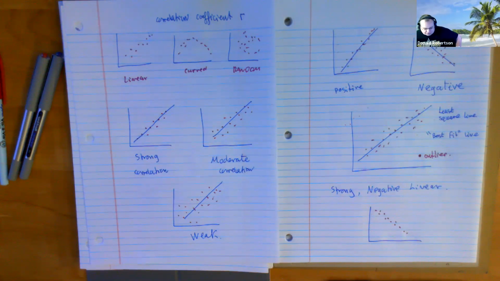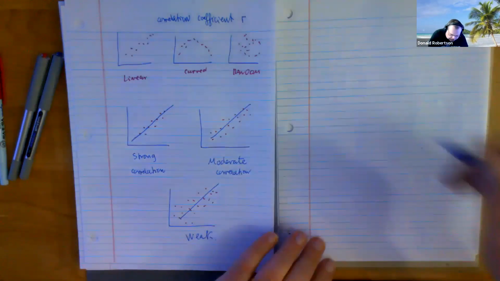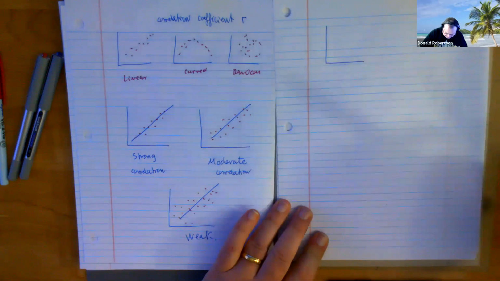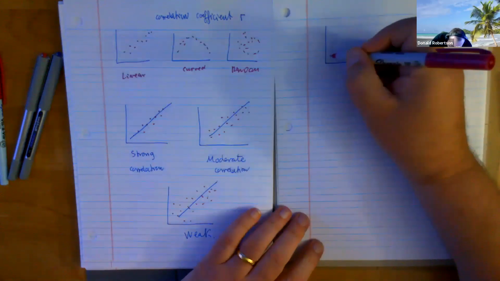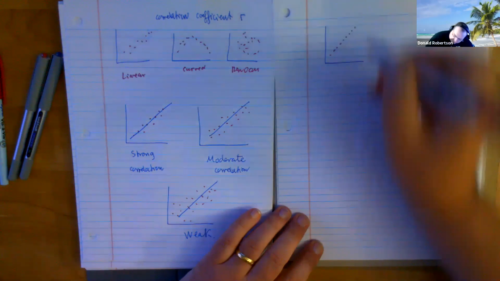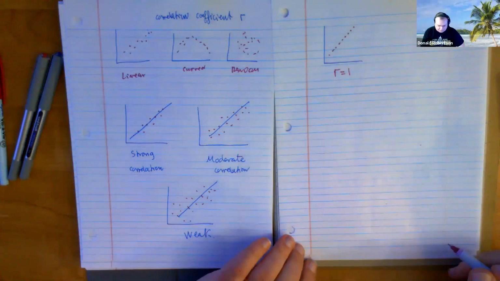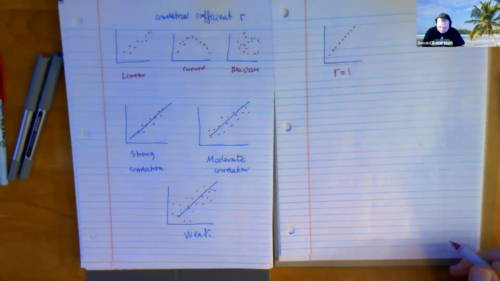It only takes a range of values between -1 and 1. Let me show you what that would look like. If you had a perfect straight line, which I'm trying my best to do, that would have an r value of 1, a correlation coefficient r equals 1.